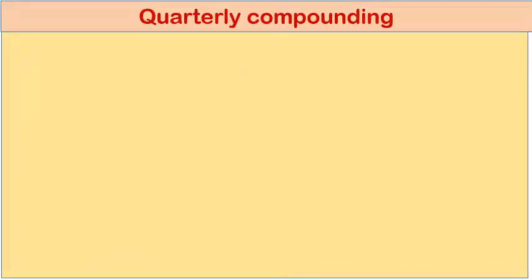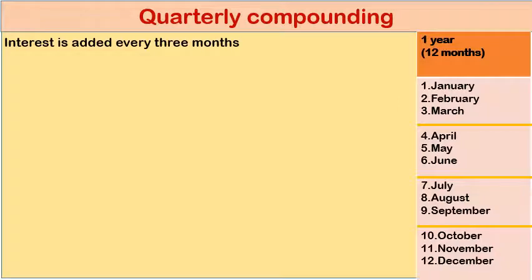Next is quarterly compounding. Children, there are also schemes in which interest is added quarterly. Quarterly means interest is added every 3 months. In a calendar year, the first quarter starts on January 1st and ends on March 31st.